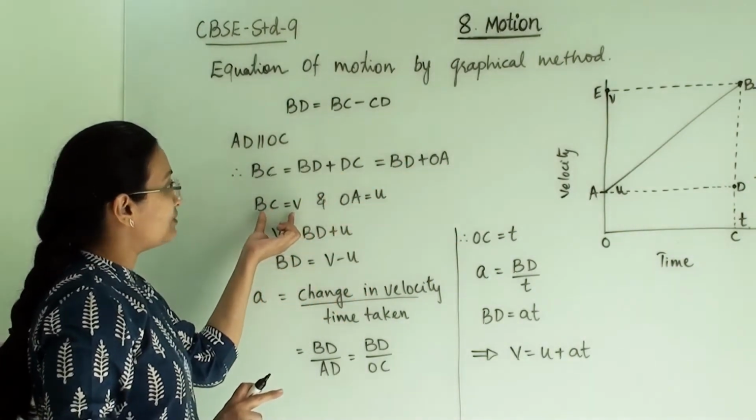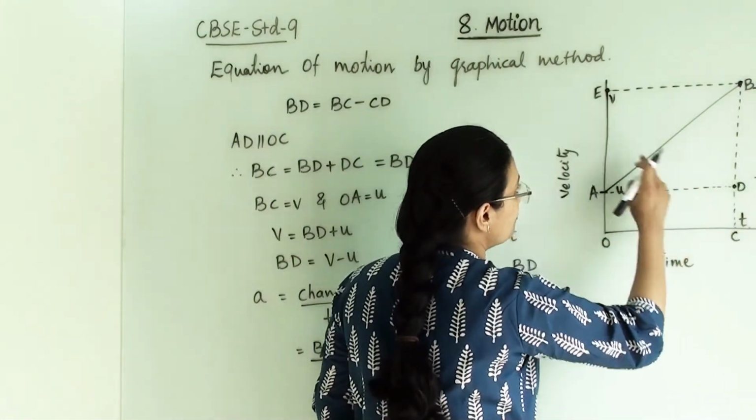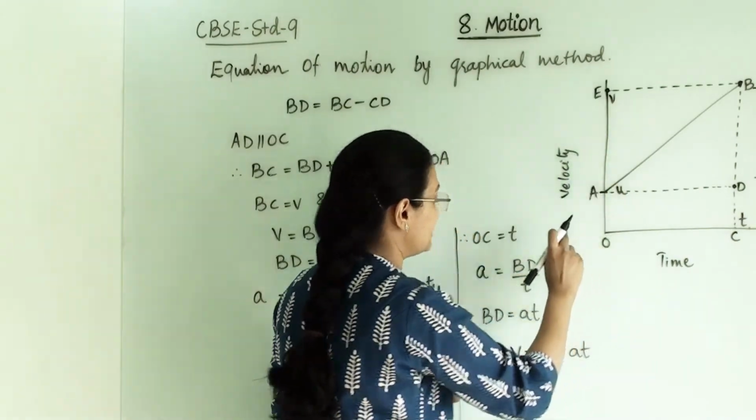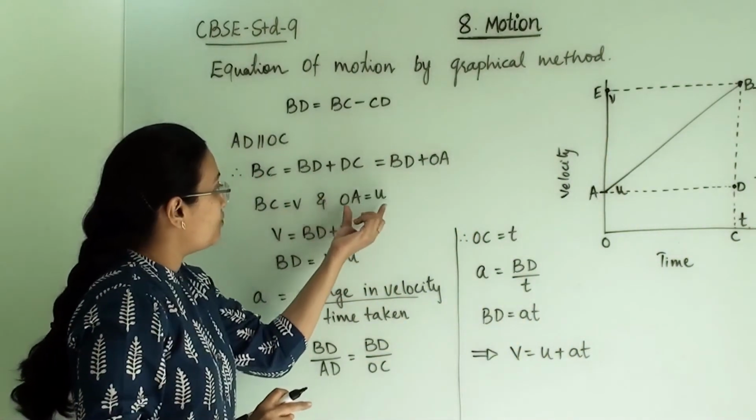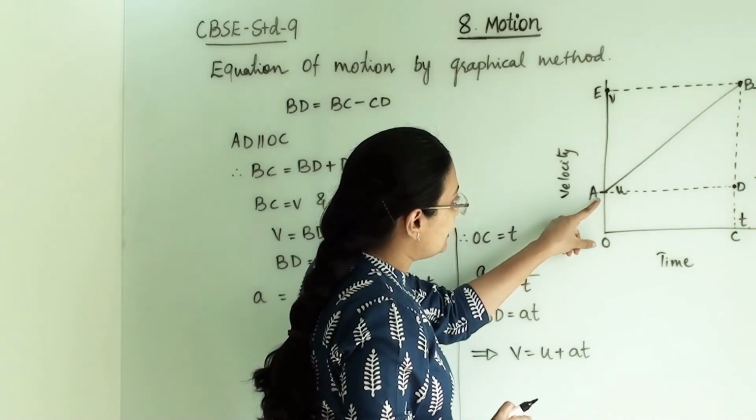Now BC equals V, because that is the complete final velocity. And OA equals U, so this much is the initial velocity.